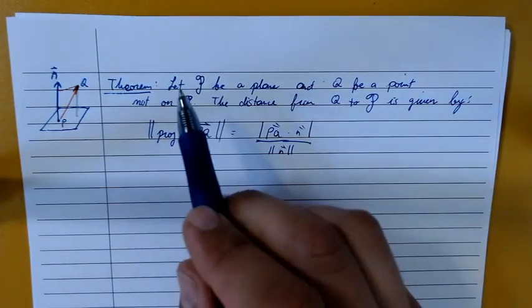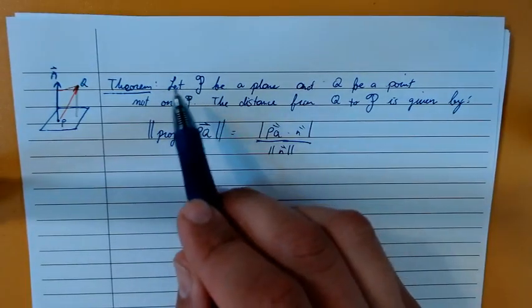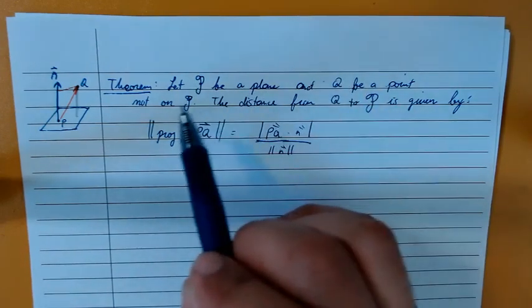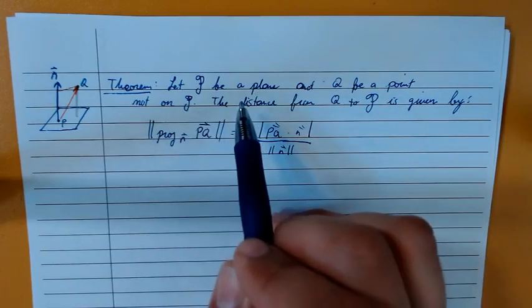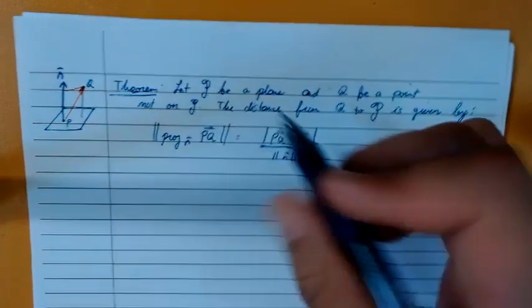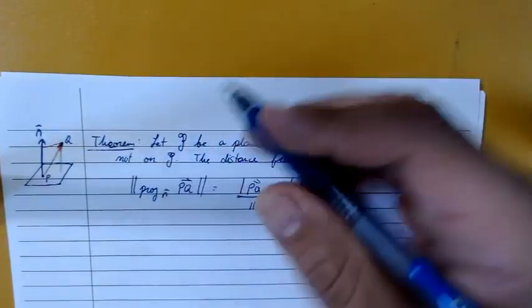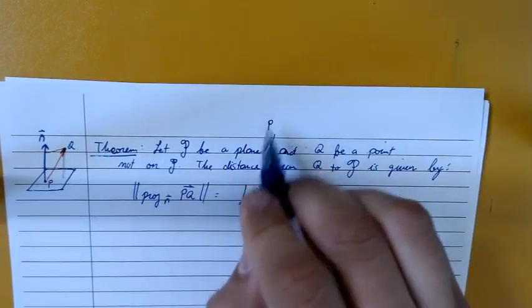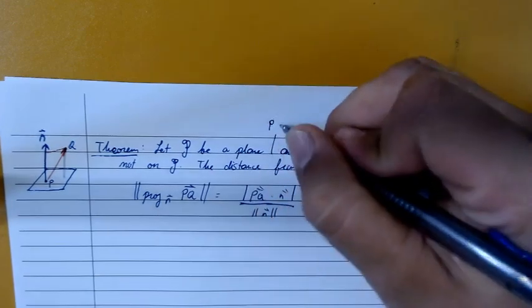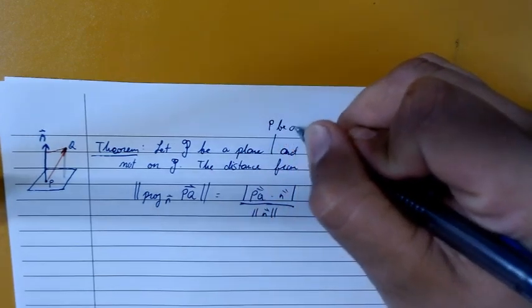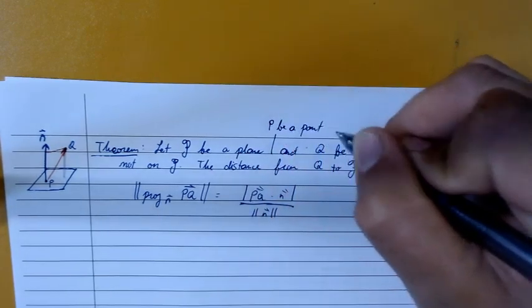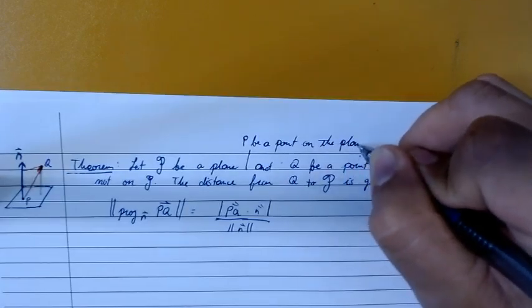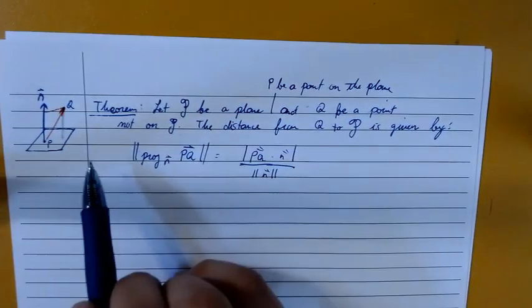Right? And here I realize I left off what P is. Let P be a plane and Q be a point not on P. So right here, I should say, let P, not the stylized curly one, but just a regular letter P, be a point on the plane, and Q be a point not on the plane.